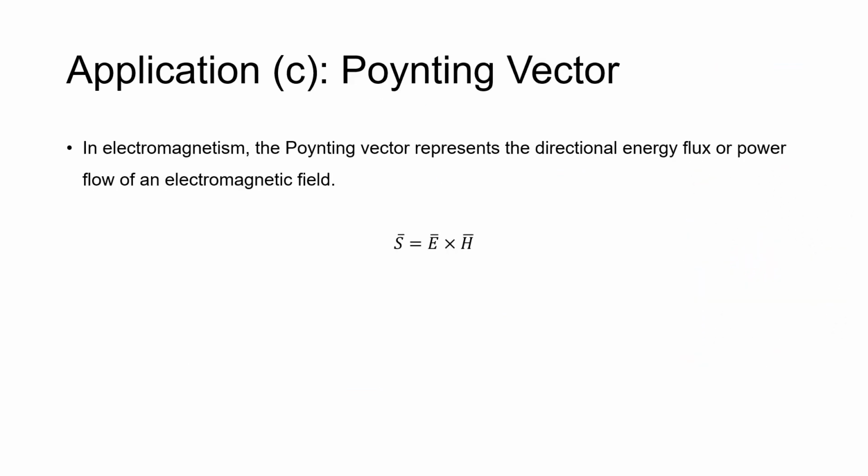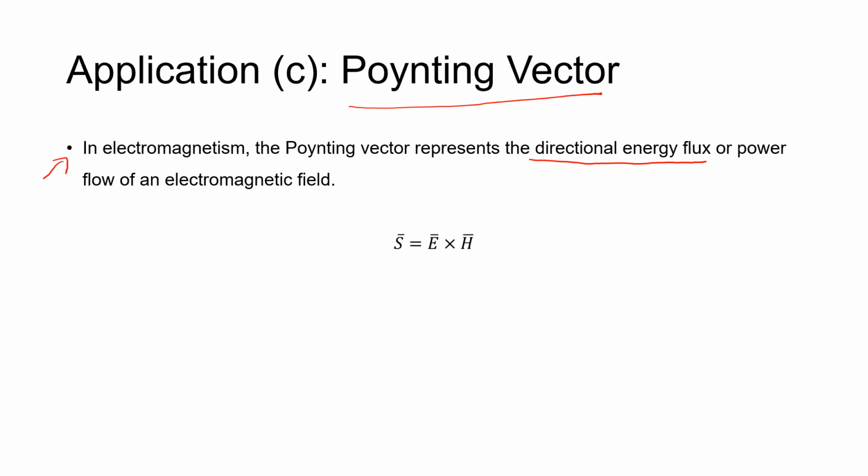The third application of the cross product in this video is the Poynting vector. In electromagnetism, the Poynting vector represents the directional energy flux, or the power flow, of an electromagnetic field.